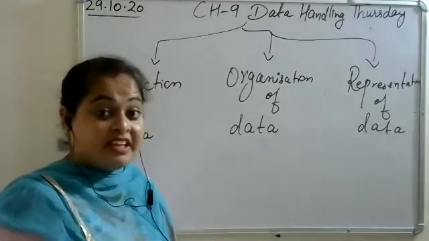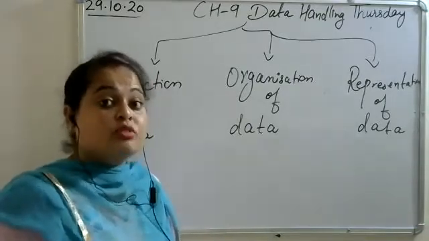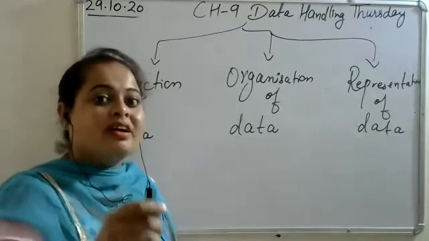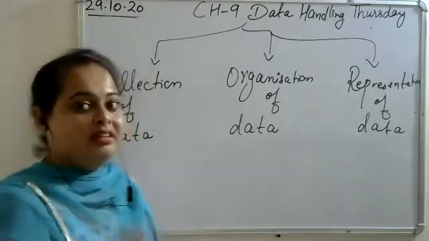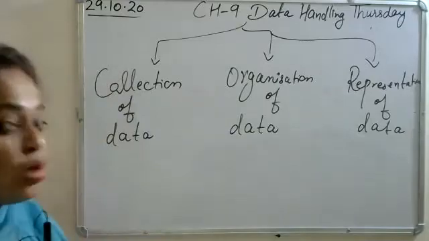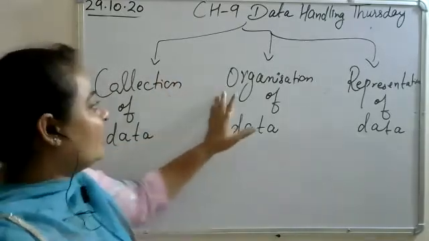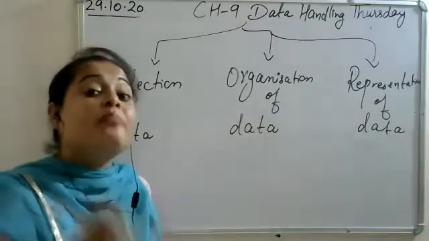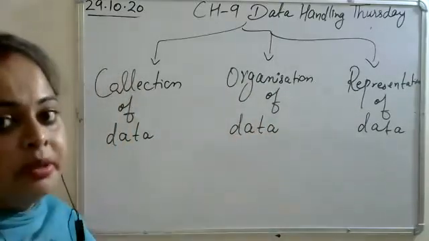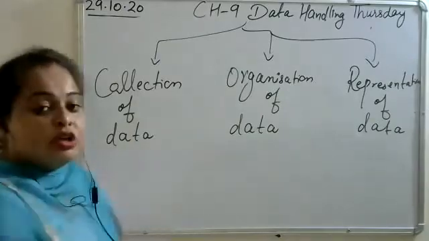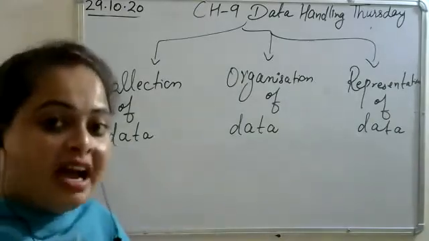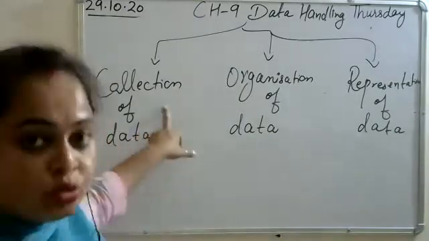Yes, for representation, you will use any method, either pictograph or bar graph. Well done. Harjeet is talking about collection, organization and representation of marks of students. Very good. First of all, you will collect the data based on marks of students.